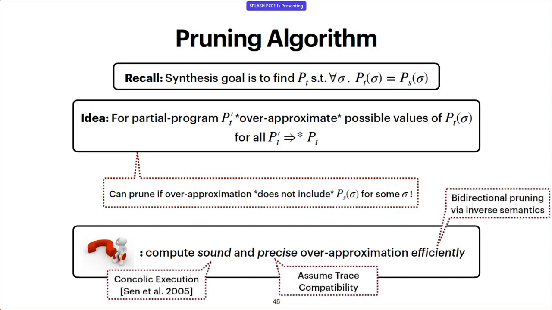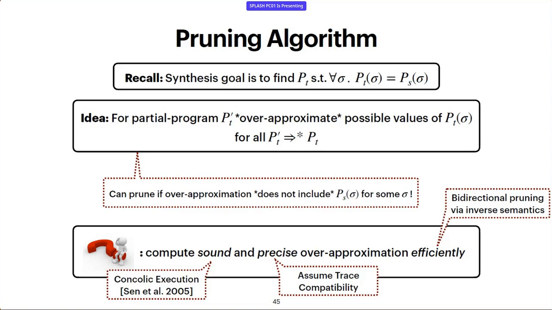So how do we actually handle these things? Our algorithm uses a form of concolic execution to propagate symbolic values and concrete values to over-approximate the possible values that can be produced by a partial program. We achieve a high degree of precision by relying on our trace compatibility assumption.